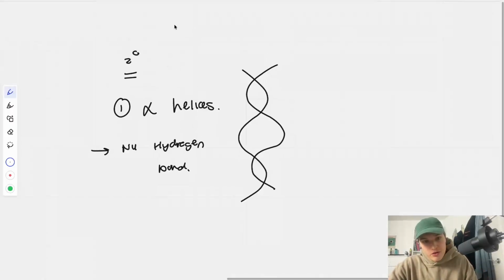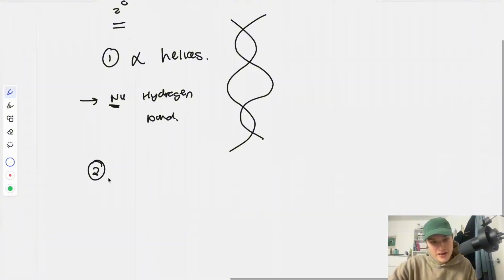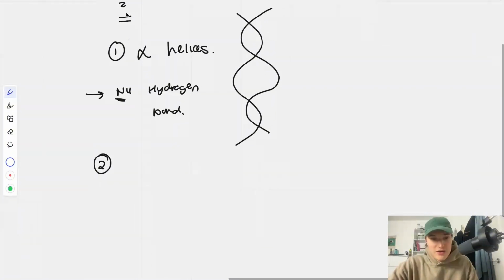So these exist between the N of one amino acid and the H of another amino acid. So the NHs of adjacent amino acids. That's what exists and allows hydrogen bonds to form. The second secondary structure a protein can take is going to be beta pleated sheets.